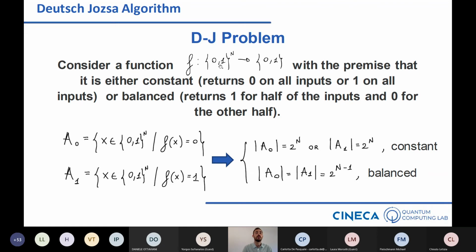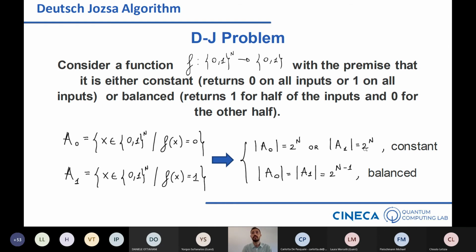Let's say mathematically, you can write it in these ways. A0 is the set of inputs that give output 0, and A1 is the set that gives output 1. If the function is constant, it means you have either one or the other possibility: the cardinality, the number of elements in the set, is equal to the full space.